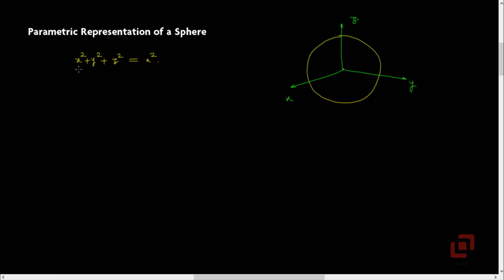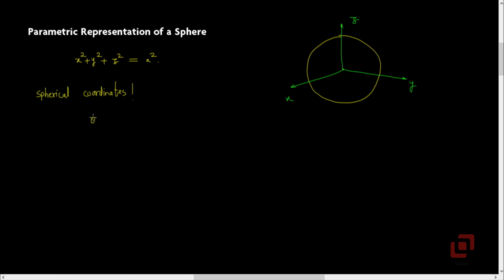We consider the standard sphere centered at the origin whose radius is equal to a. So the equation will be x squared plus y squared plus z squared equal to a squared. We now make use of the spherical polar coordinate system, or spherical coordinates in short, to obtain a parametric representation of this sphere.